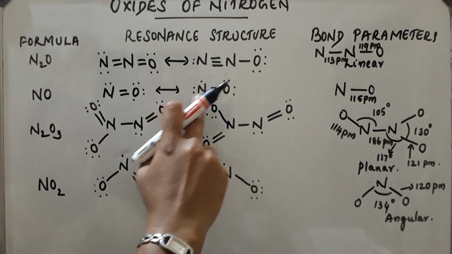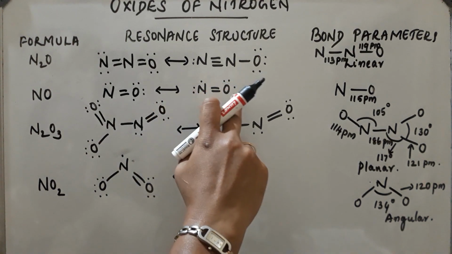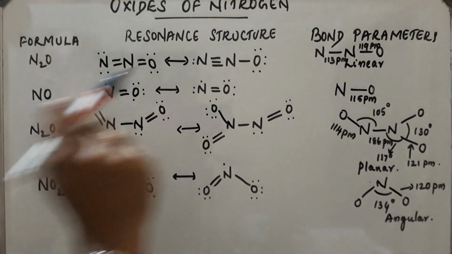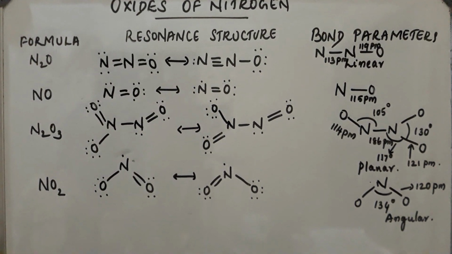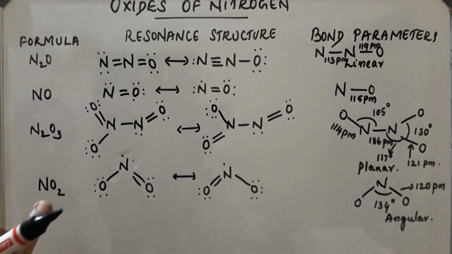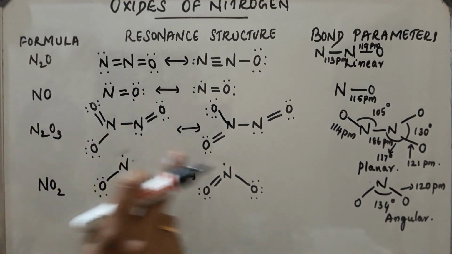So 3 and 2 electrons are used for sharing, and 2 electrons from oxygen are used for sharing. So 2 structures are possible: these are the 2 resonance structures.